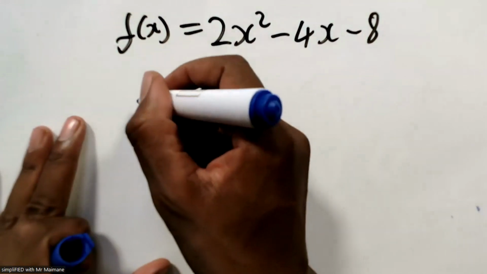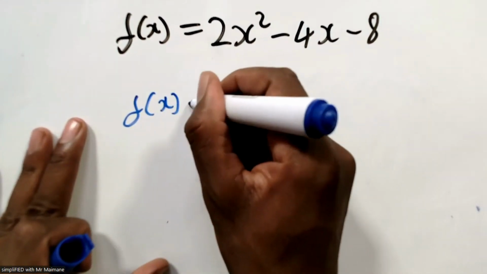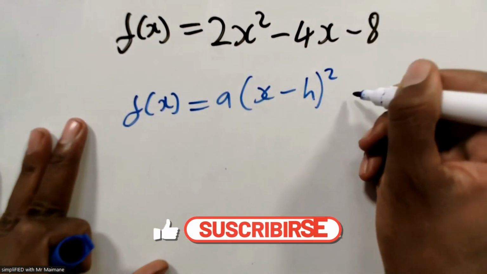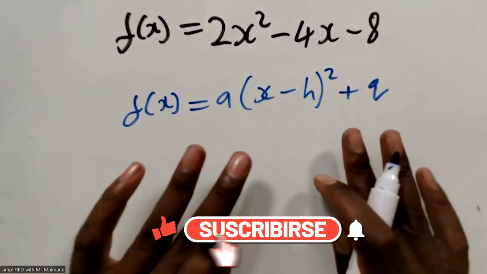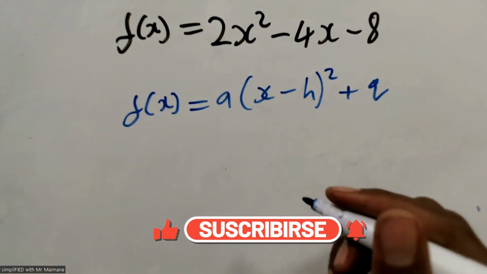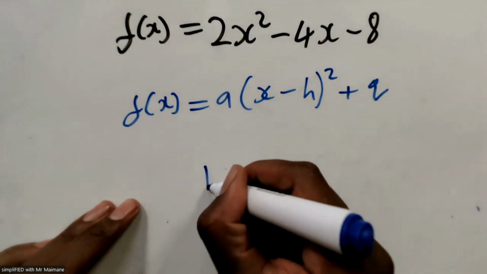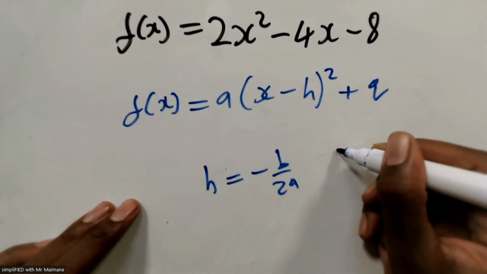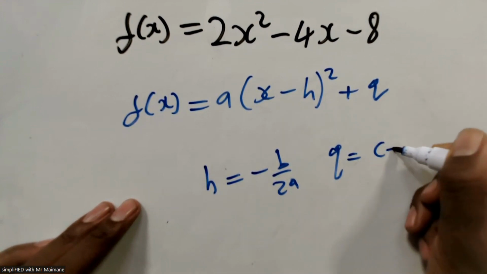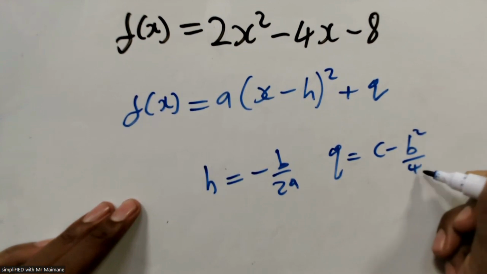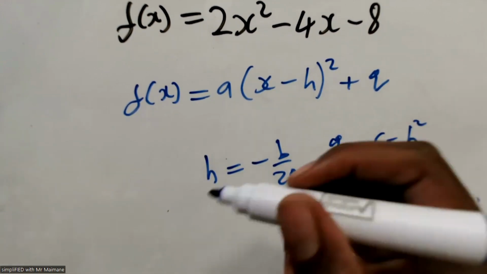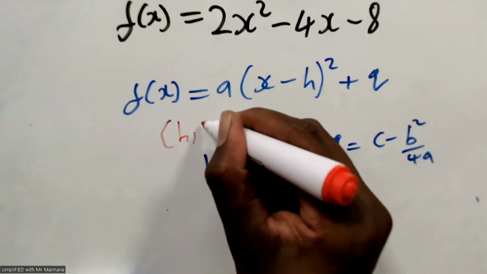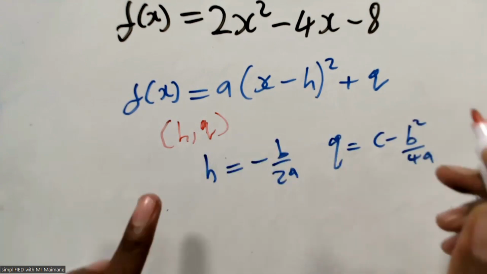If we have this, we know that the standard form should be f of x equals a(x minus h) squared plus q, right? And I did say h is equal to minus b over 2a, and q is equal to c minus b squared over 4a, because we know that our vertex should be somehow h and q.